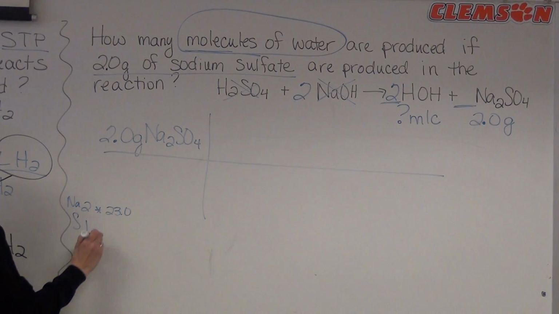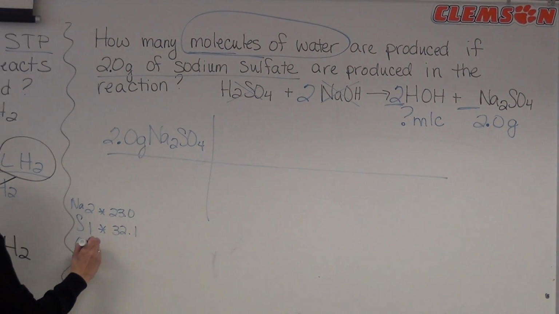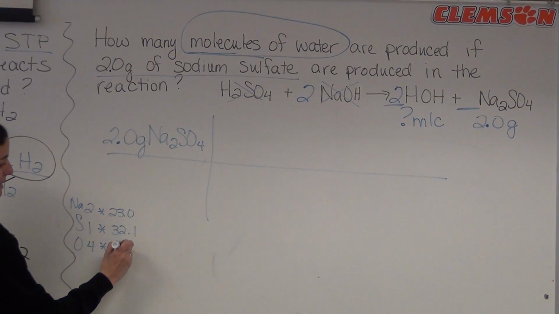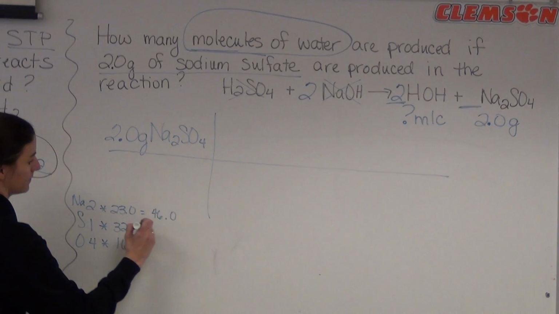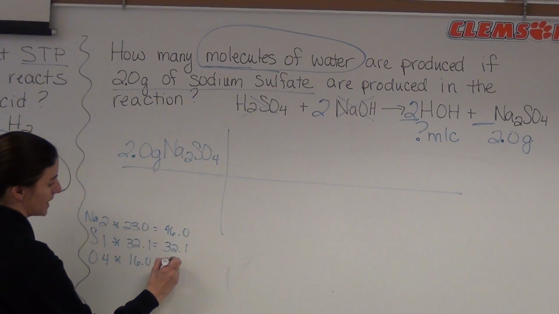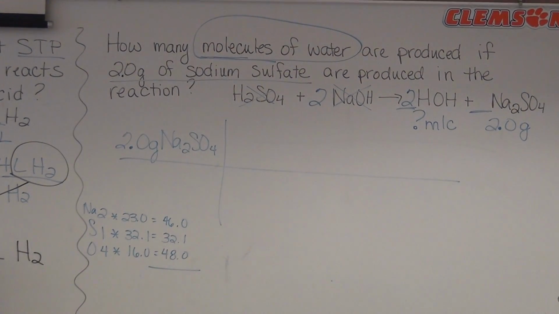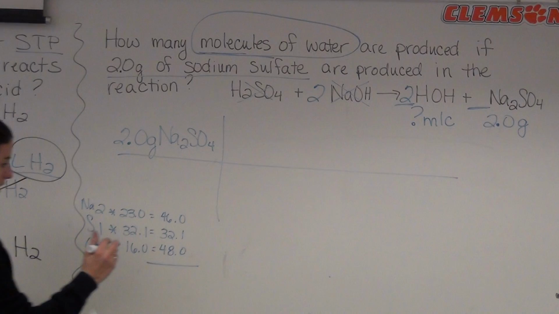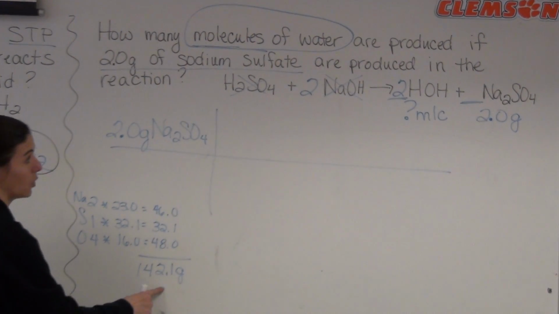You have 1 sulfur times the 32.1. The oxygen is 4 times the 16.0. So that is 46.0, 32.1, and then 48.0. So if we add this all up, since I've already done it, we're going to get 142.1 grams. And that's our molar mass.